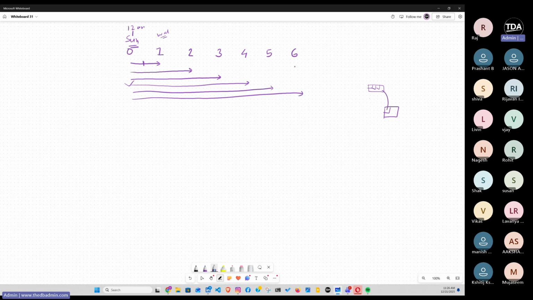Sunday's backup captures all the WALs as well as the change information, the delta information. Is that clear?